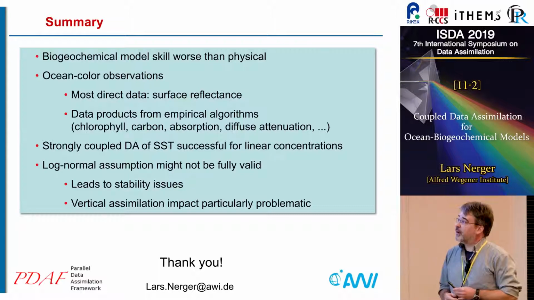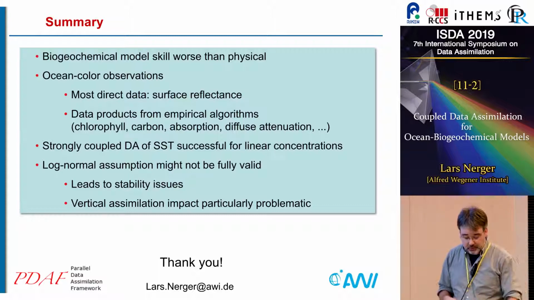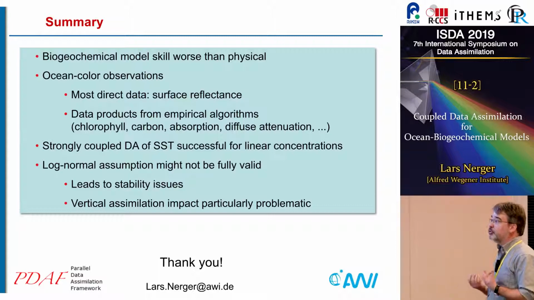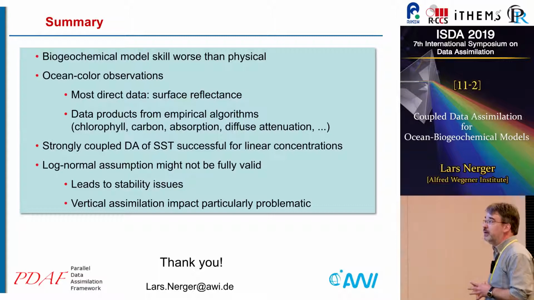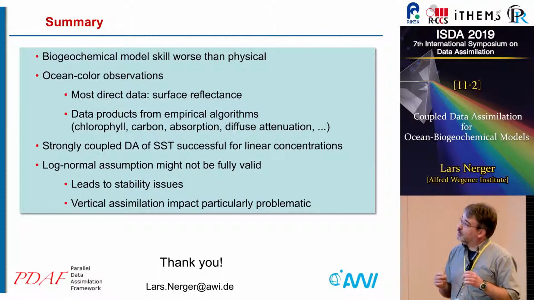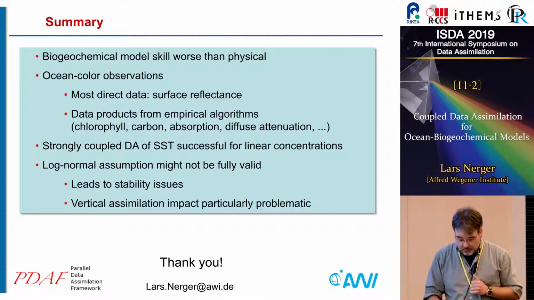I've shown the strongly coupled assimilation of sea surface temperature, which is successful for linear concentration, not for logarithmic concentration. So this log normal assumption might not be fully valid. We have stability issues, and we have to look further into what is really happening here.